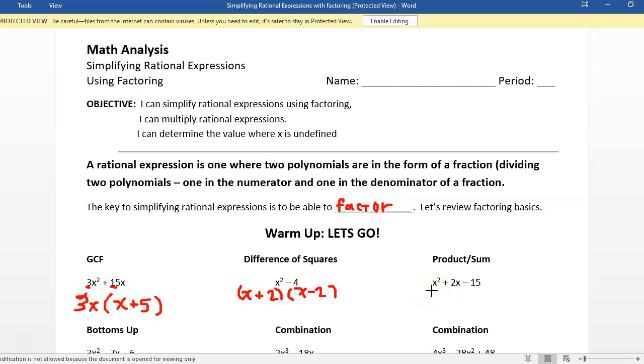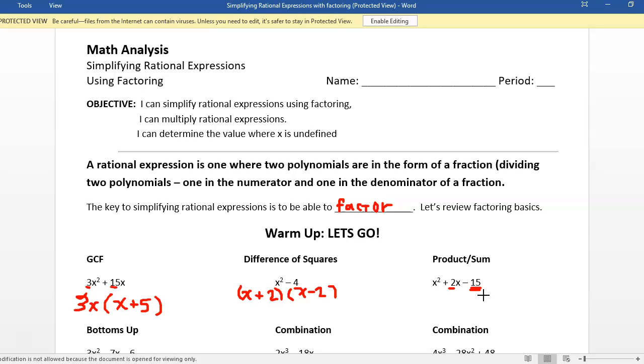The next one is product sum method. The product sum method is doing exactly what it says. I am going to look at the polynomial. I use this method when I see that it is a trinomial, okay? There's 3 terms. I look at the constant term in the back, and I think of what two numbers multiply to be the constant term and what number adds to the middle term.